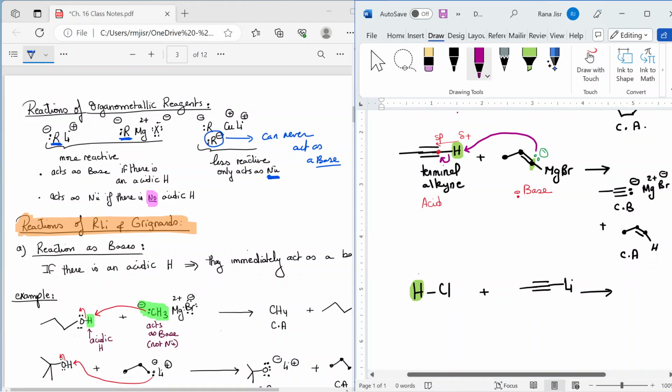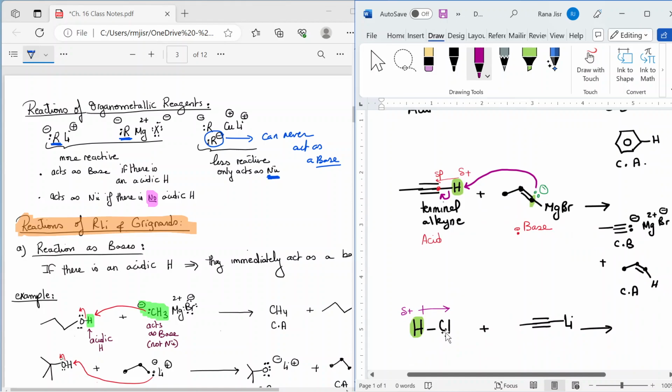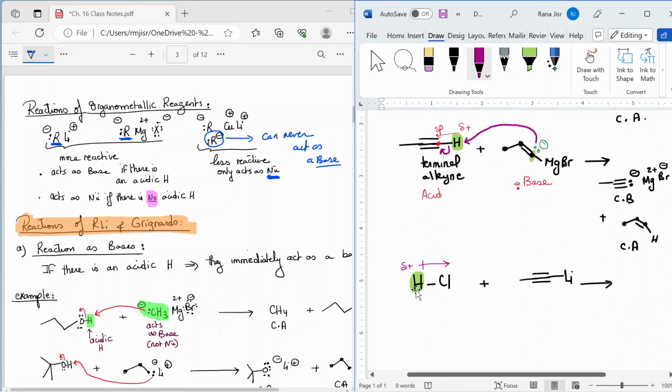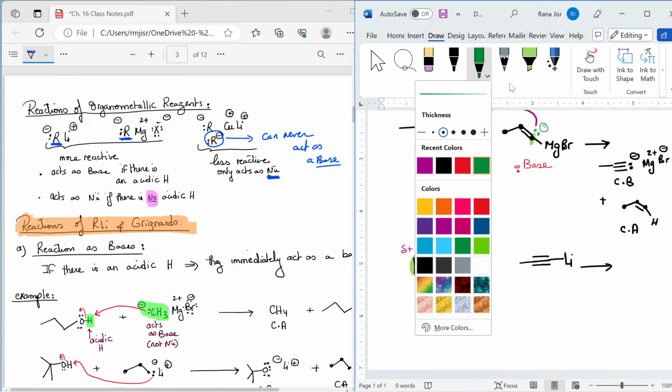Chlorine is way more electronegative than the hydrogen, so it's going to pull electrons away from the hydrogen and make it partial positive. So now I have an acid in there. If I want to compare the acidity of the hydrogen connected to a chlorine versus a hydrogen connected to the oxygen, this one is going to be way more acidic because chlorine is more electronegative than the oxygen.